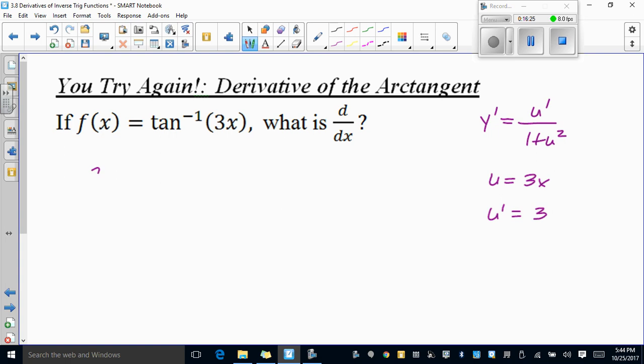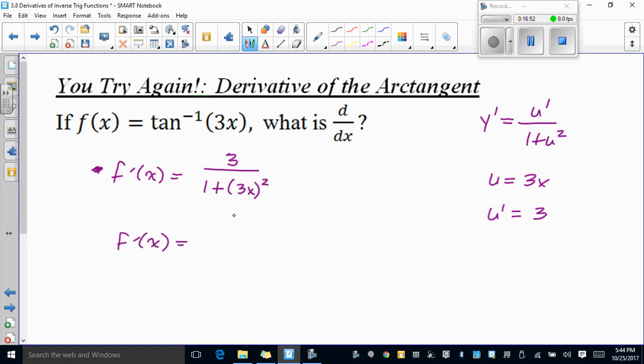Now if you got this, you're good to go. If you try to clean it up, make sure you're cleaning it up correctly. That squared goes to the 3 and the x. So if you clean this up, you would get 3 over 1 plus 9x squared. So either one of them is a good answer. I'm not going to argue over that one.